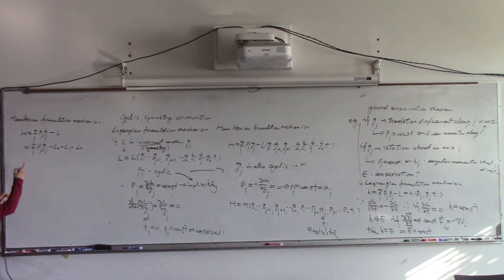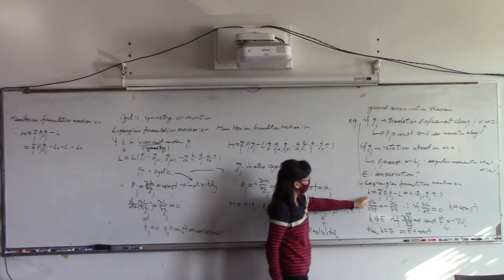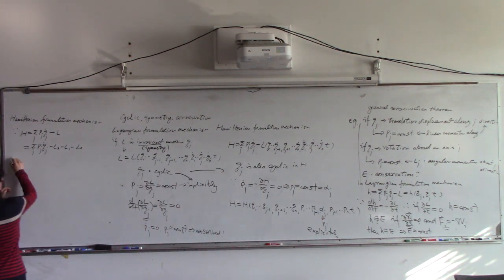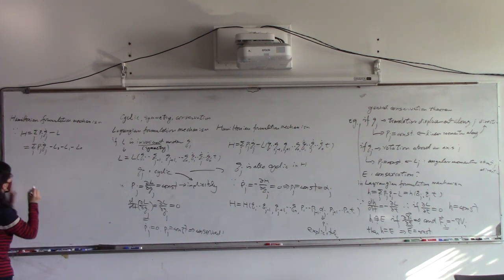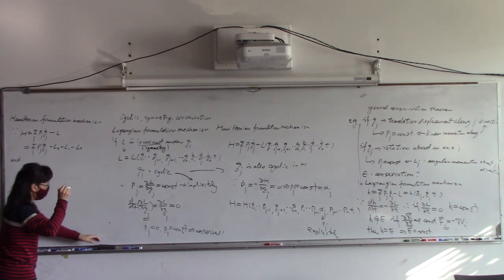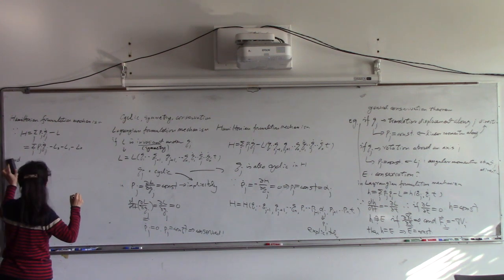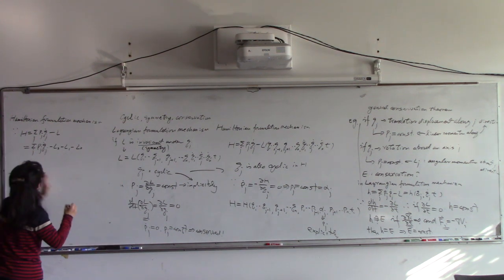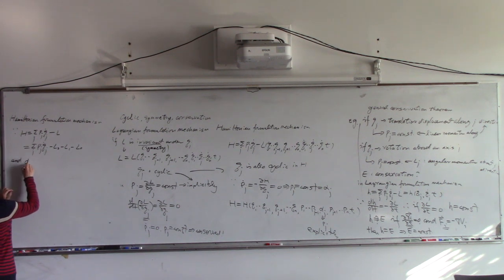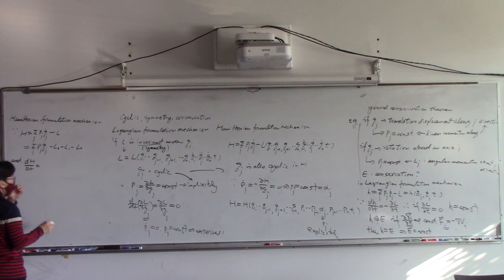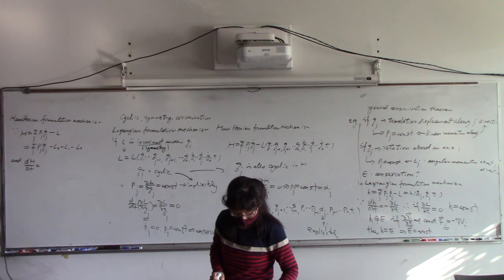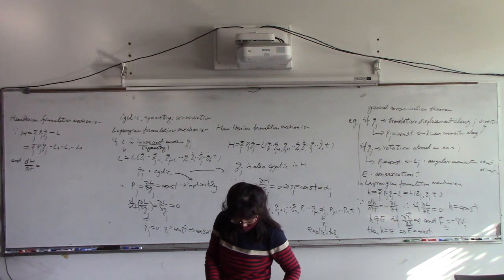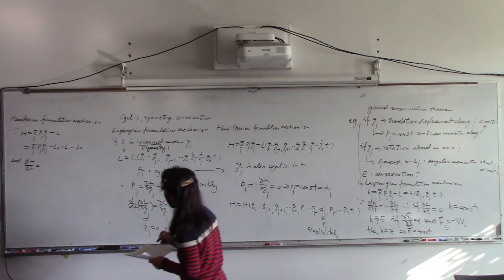So similar to the energy function H, let's look at the total time derivative of the Hamiltonian. If the total time derivative of H is 0, then the Hamiltonian is a constant. So now let's see the total time derivative.